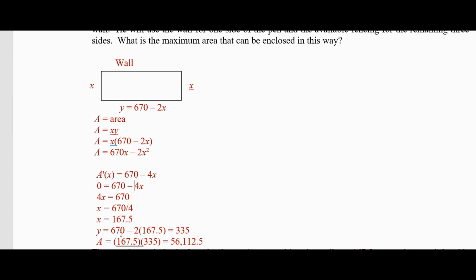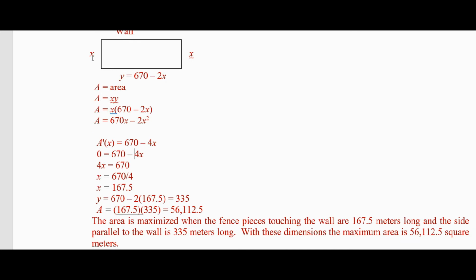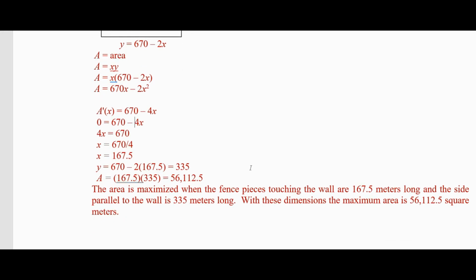And then y turns out to be twice that, 335. So you end up using half of your material for this long side, and the other half is split in half here and here. So the area is maximized at that point.